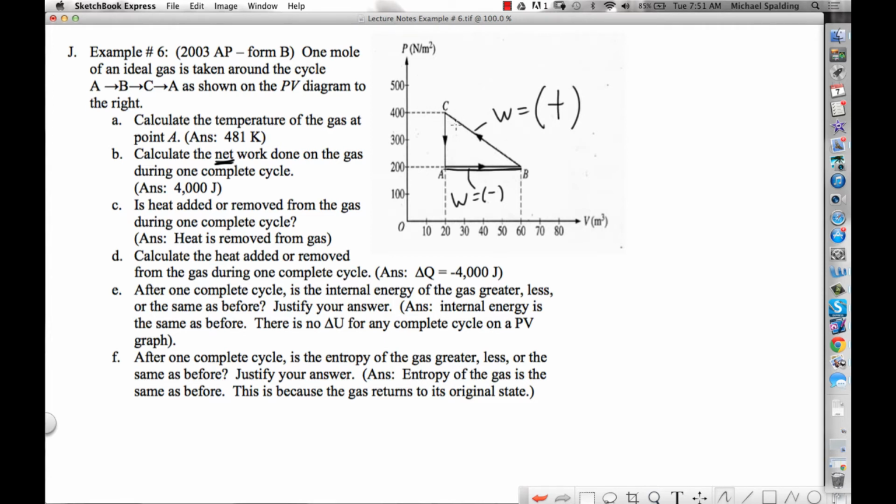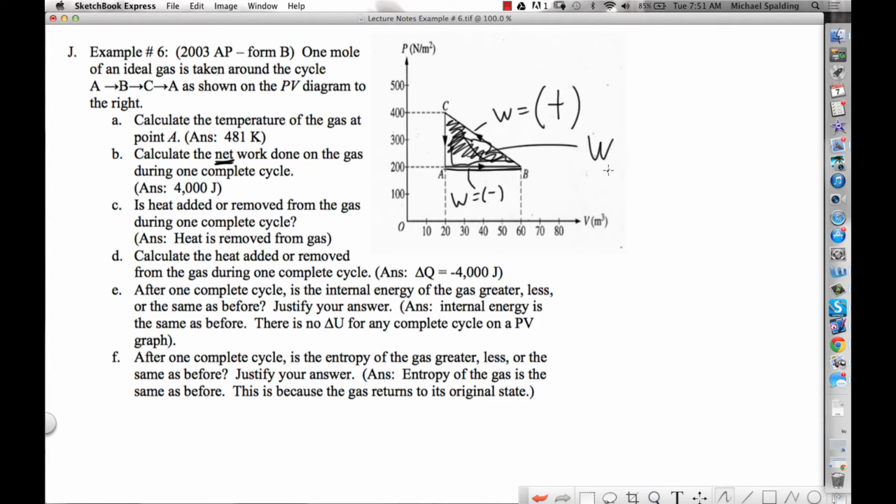Because for the work from B to C, you're taking the area all the way down to the bottom, to the x-axis. What's the work from A to B? The work from A to B is smaller, right? It's just that. So what's the net work going to be? The net work is going to be the difference between those, which is what? The area in the triangle. The area in the triangle is the net work.